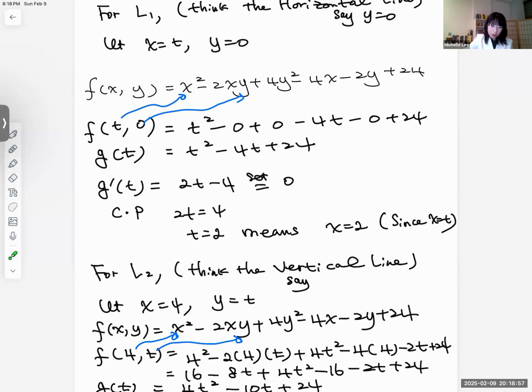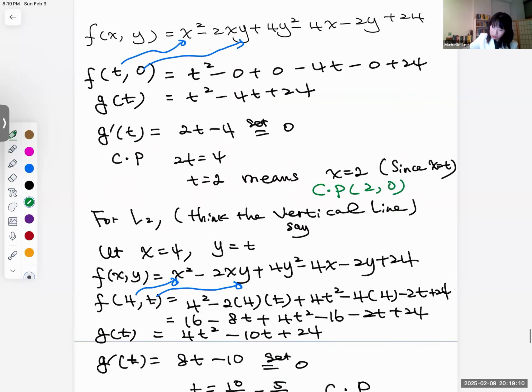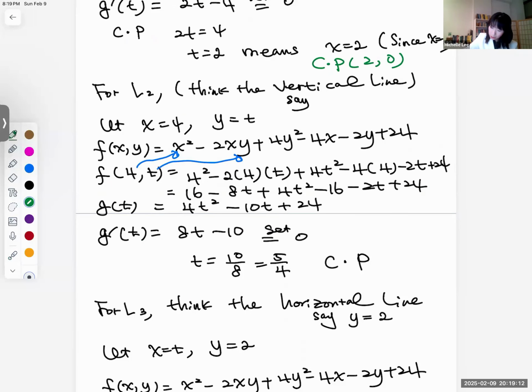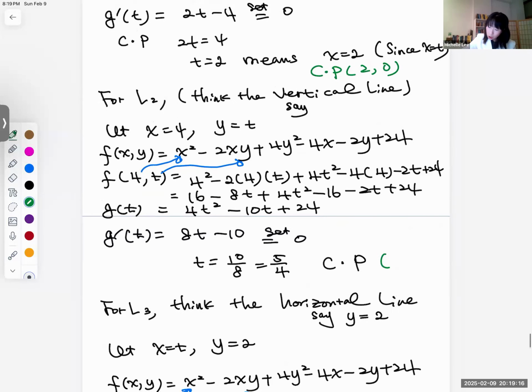Okay, let's write down the critical point. So here you go. Critical point 2 and 0. Critical points, let's see, 4 and t equals 5 over 4. You guys okay? So x equals 4, t equals 5 over 4, which is y.